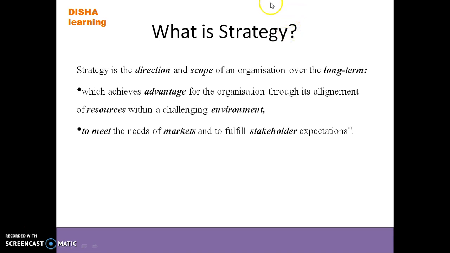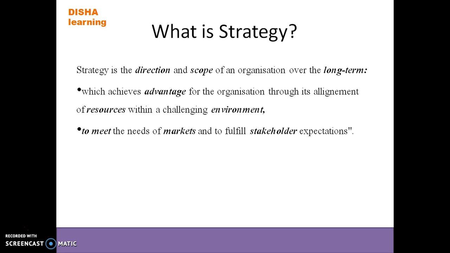It helps you achieve advantage for the organization through its alignment of resources within a challenging environment. It helps you put together your resources in such a way that you can deliver the punch where it really matters. And all these things happen within the context of an environment. If the environment changes, you have to change your strategy.